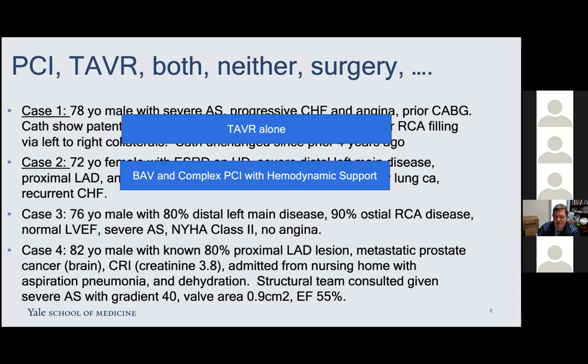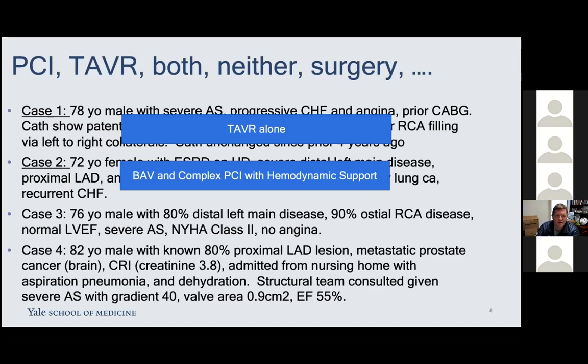I think the other thing to remember, and we involve our surgical colleagues in all these, is that a 76-year-old gentleman undergoing surgery or a CABG, unless he has other things going on, renal failure, prior strokes, is going to be pretty low risk.